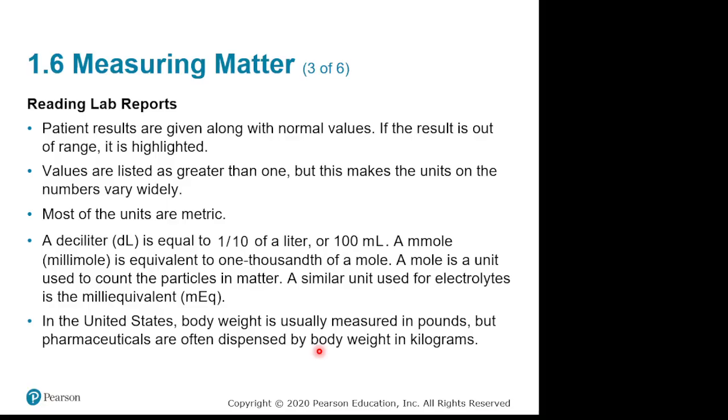Nowadays, they usually use a green, yellow, and red, from what I've seen from Vanderbilt. Other places can use other coloring combinations. It's not like a rule. The units on the numbers vary widely. Most of the units are going to be metric or some derivation of metric.